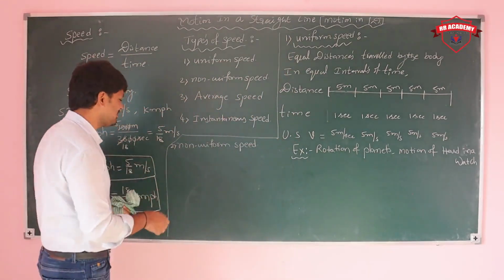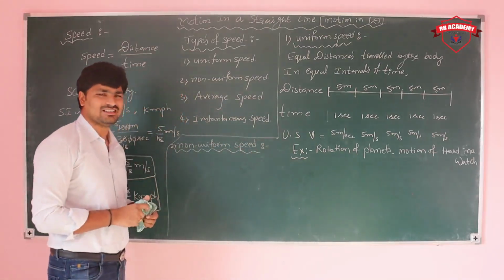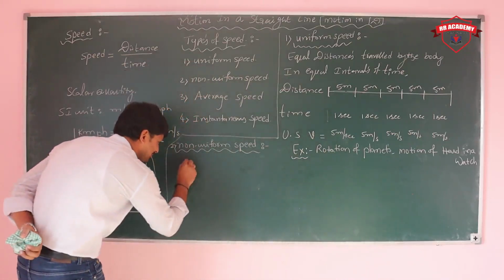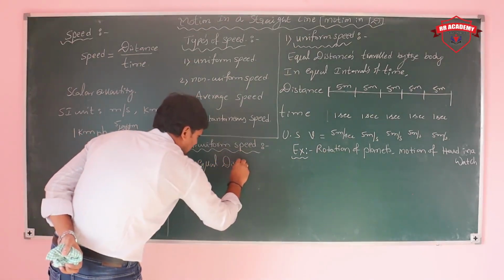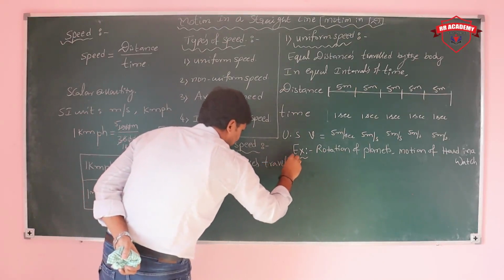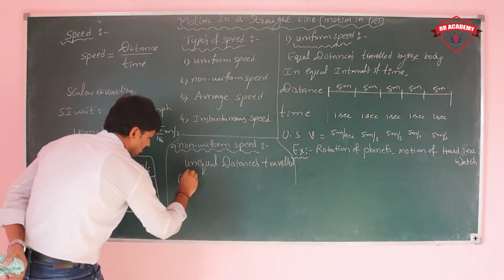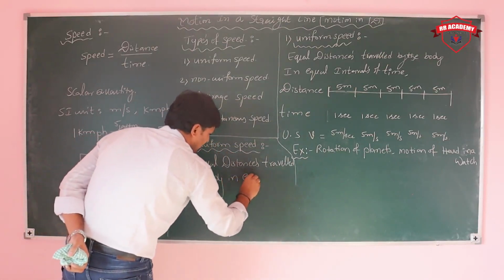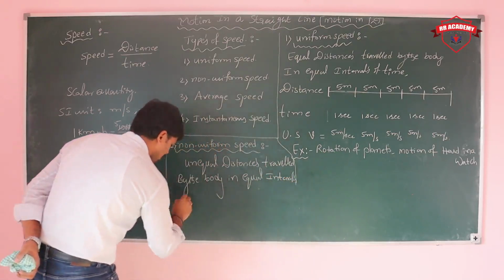Non-uniform speed means simply, unequal distances traveled by the body in equal intervals of time.